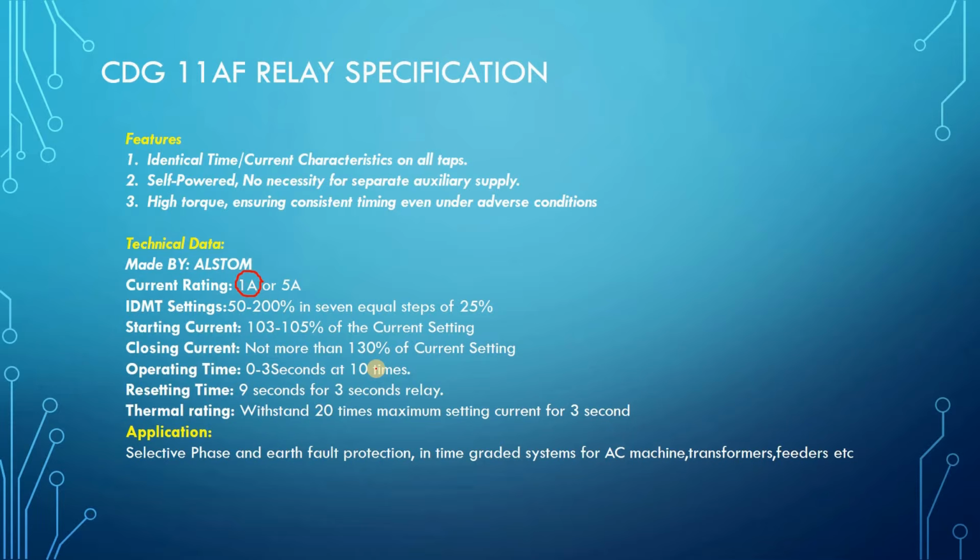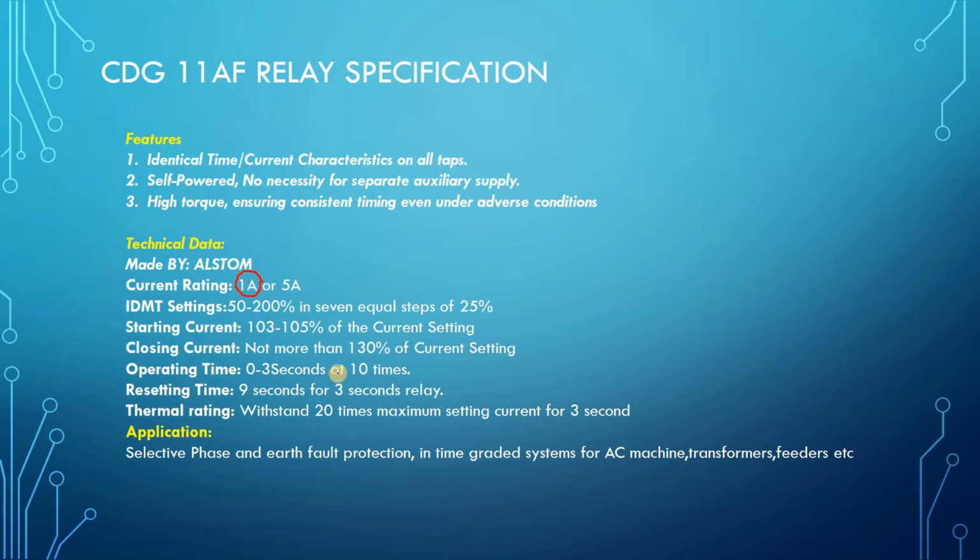So we can name the characteristic as the 3 second relay or 3 second characteristic. In detail we will study the 3 second relay in part 2. The CDG11AF is also manufactured for another type of inverse characteristic relay. The relay we have right now, which we are going to study, is the 3 second relay.